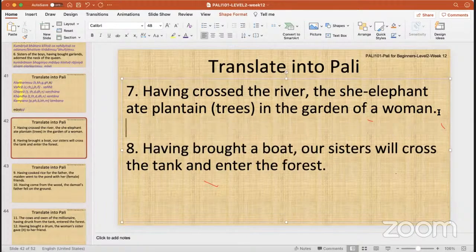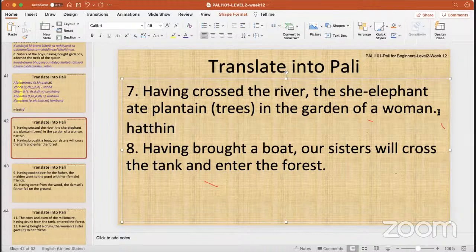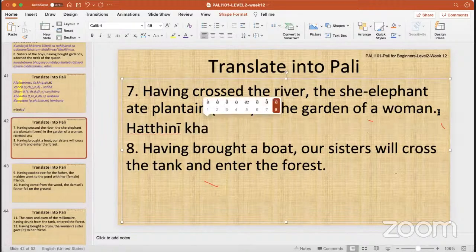What is the word for she-elephant? Hathini. Do you know any other verb? Hathini, Bhunji or Khadi, right? Atita Kala. So Hathini is Pathama Vibhatti Ekavachana, Khadi is Atita Kala, Pathama Purusha Ekavachana. And the she-elephant ate what?